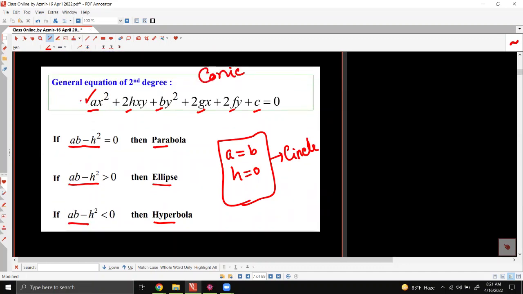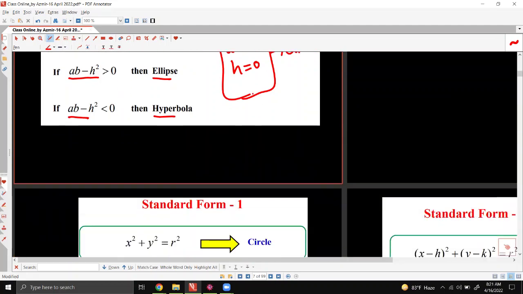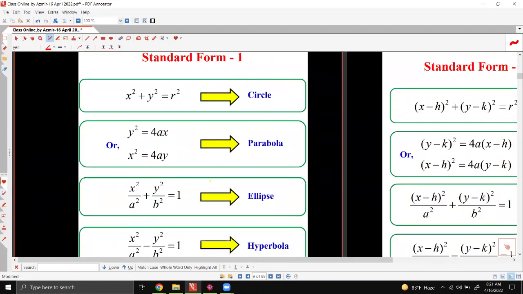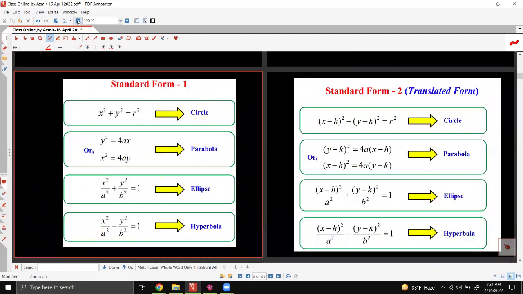Okay, so we have the general equation of second degree here. Have a look again: ax squared plus 2hxy plus by squared plus 2gx plus 2fy plus c equals 0. From this equation, we have the standard forms of circle, parabola, ellipse, and hyperbola. The equation of a circle is x squared plus y squared equals r squared. The equation of a parabola can be y squared equals 4ax or x squared equals 4ay.